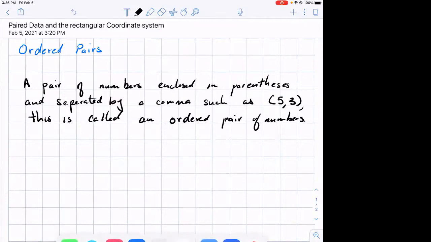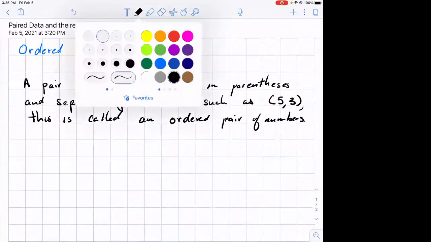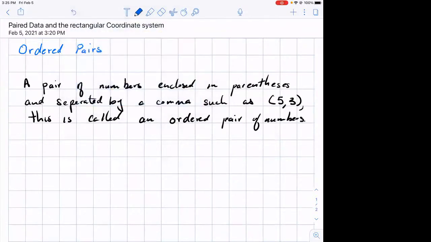The first number, as you may know, in the pair represents the x. So whenever we have an ordered pair, 5, 3, this value here is the x coordinate.